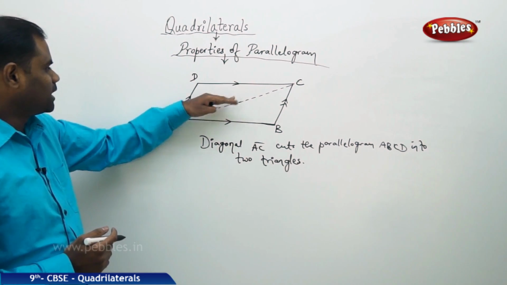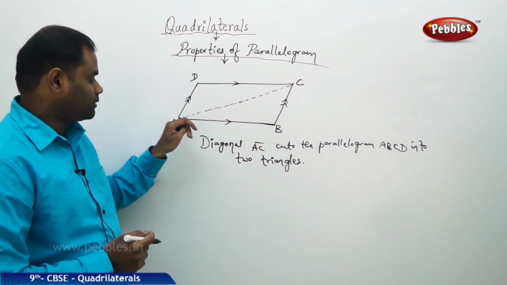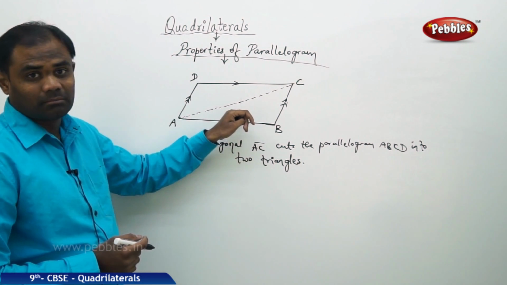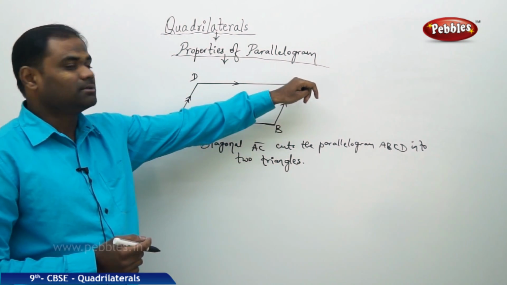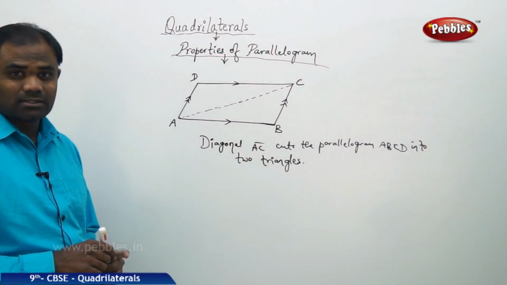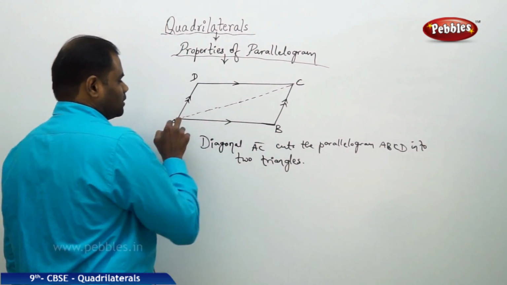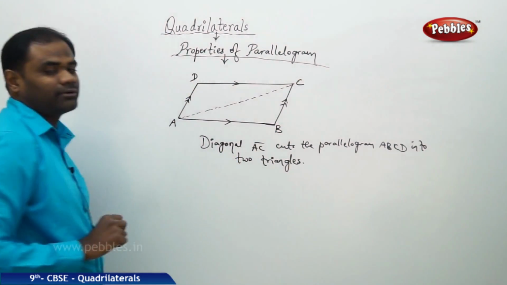The first part is triangle ADC, and the other part of the parallelogram cut by the diagonal is triangle ABC. Therefore, I have two triangles as cut by the diagonal AC, such that ABC is one triangle and ADC is the other triangle.